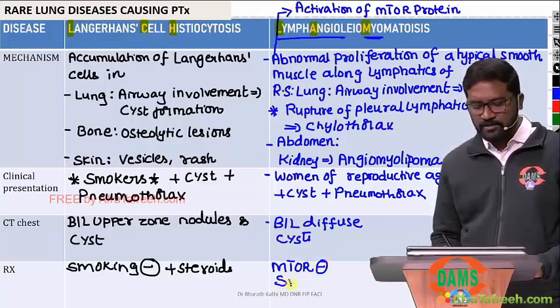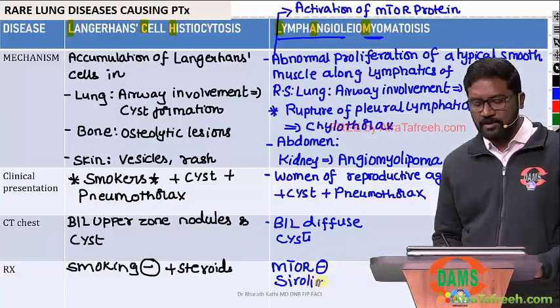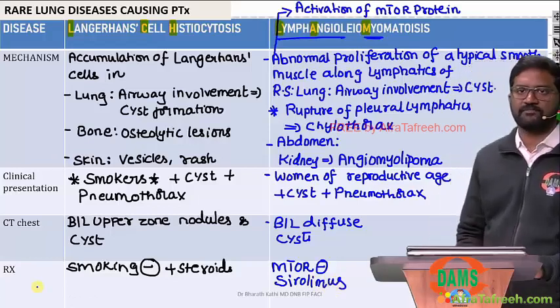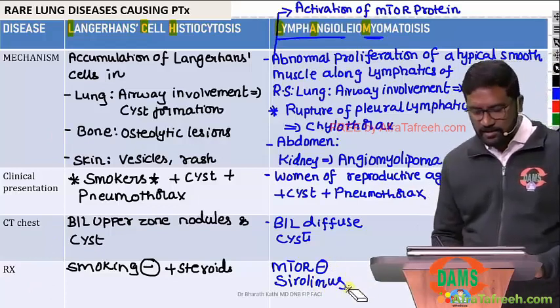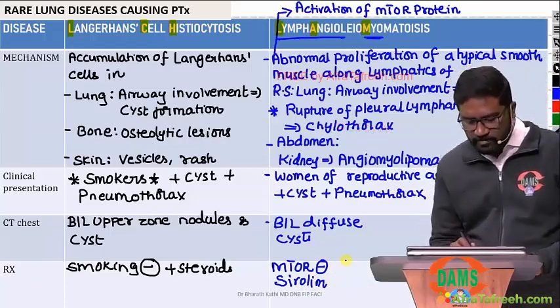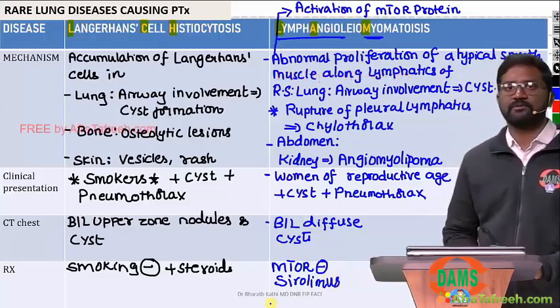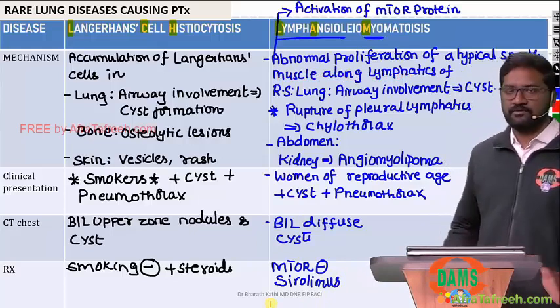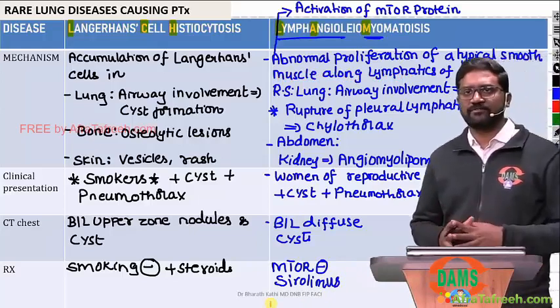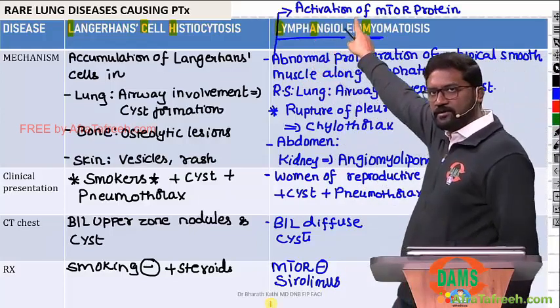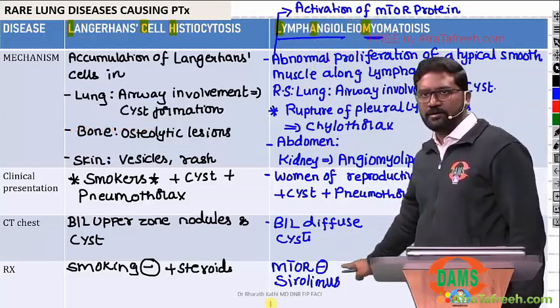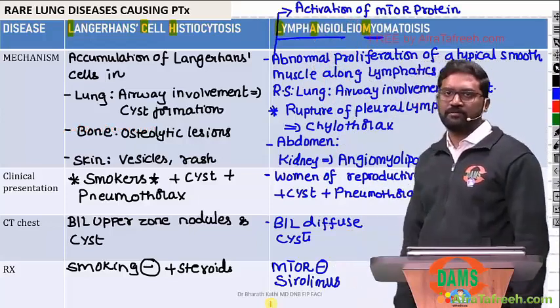So what is the mTOR inhibitor available in the market approved for this disease? It is sirolimus. So studies have shown that the reason for so much proliferation is activation of mTOR protein, and the treatment is the mTOR inhibitor sirolimus.